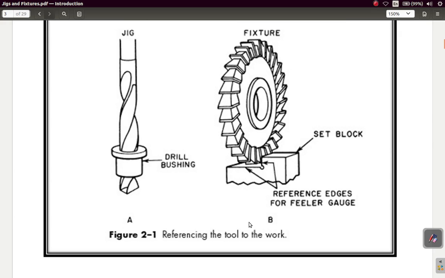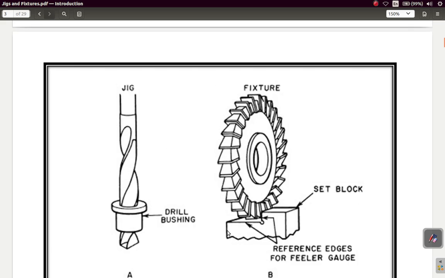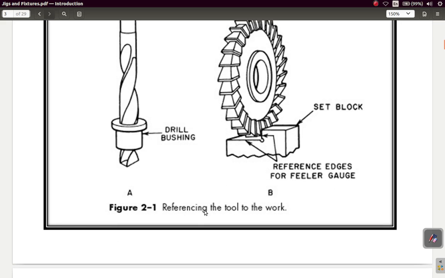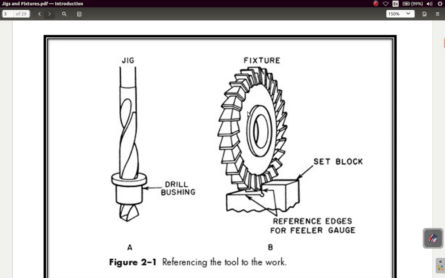We are referring the tools to the work. Right? Referencing the tools to the work. So this is a jig, a drill bit, and this is a fixture. The set block. You have the set block and the reference edges for the feeler gauge.